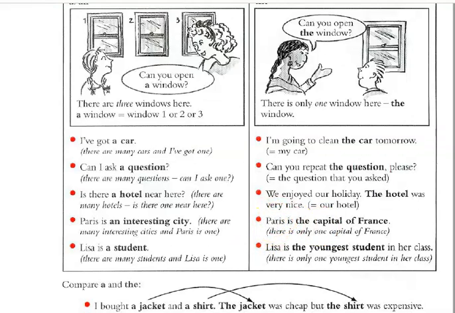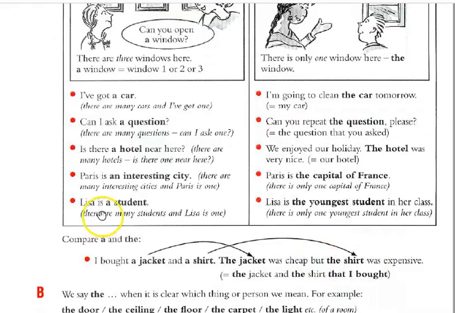Okay, let me just put down a bit more. Lisa is a student. There are many students, and Lisa is one. Lisa is the youngest student in her class. There is only one youngest student in her class, and it's Lisa.